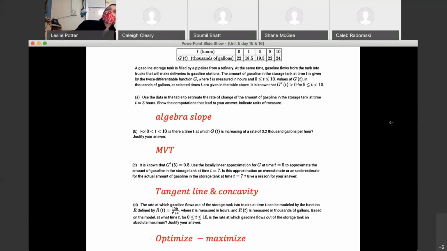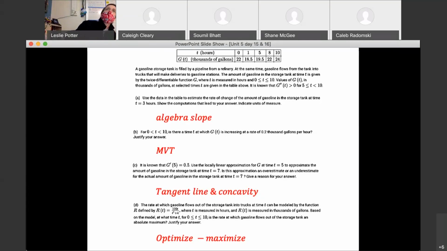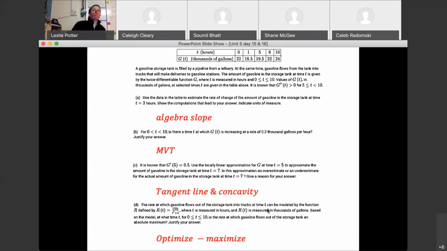Maybe I can make it a little bit smaller. There we go. Optimize to maximize. So we're going to differentiate R to get R prime. We're going to need a quotient rule there.